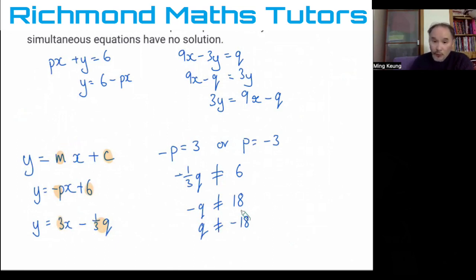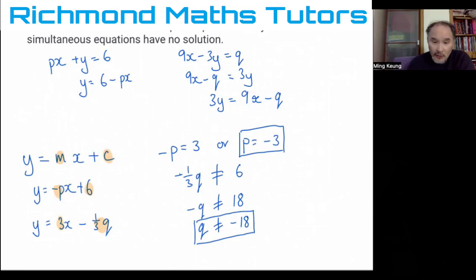So under two very specific conditions, where p is equal to minus 3, so that to ensure the lines are parallel, and q cannot be equal to minus 18 to ensure that they're not the same line.